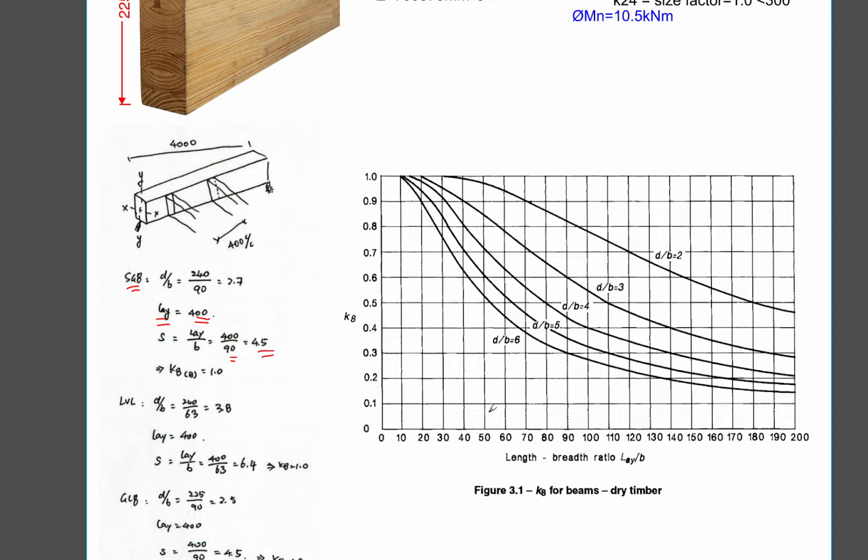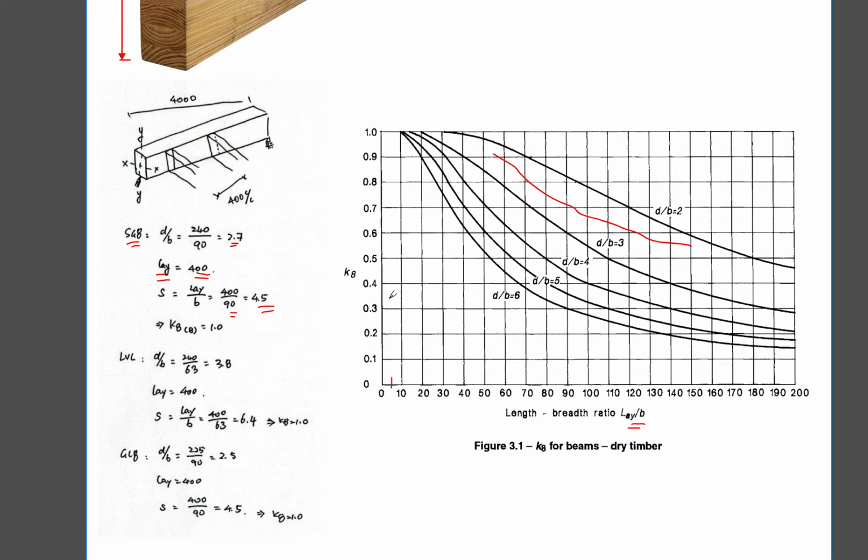And then from the 4.5, I can look at the ratios here. 4.5 is quite small, something over here, right? And my depth to breadth ratio is 2.7, somewhere around here. So it's not reaching this curve yet. So you can see that your K8 factor is typically 1.